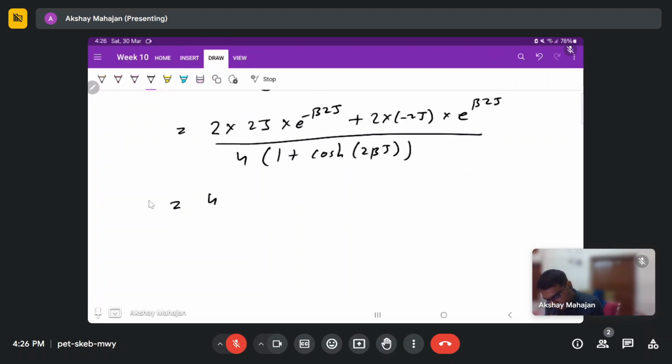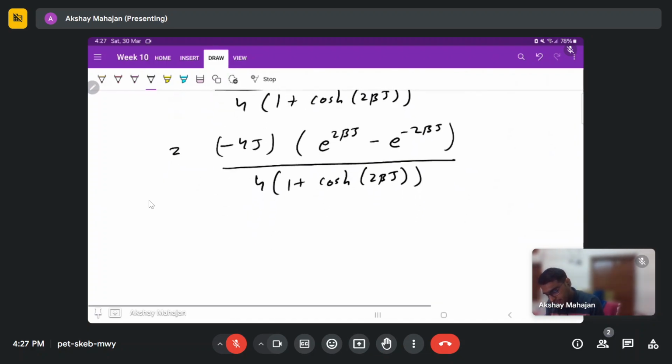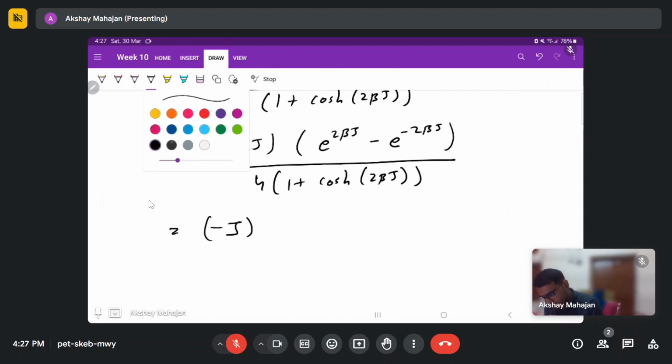Alright, and from here I can take 4J common. So I will take minus 4J common. In that case I will have e to the power 2 beta J minus e to the power minus 2 beta J divided by 4 times 1 plus cosh 2 beta J. Alright, again as we have seen, sinh is e to the power x minus e to the power minus x divided by 2, and also we can cancel out 4 from numerator and denominator.